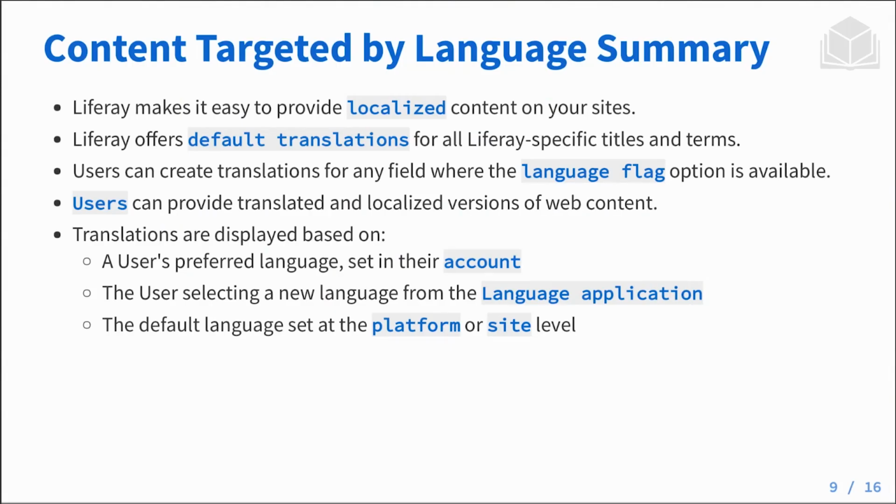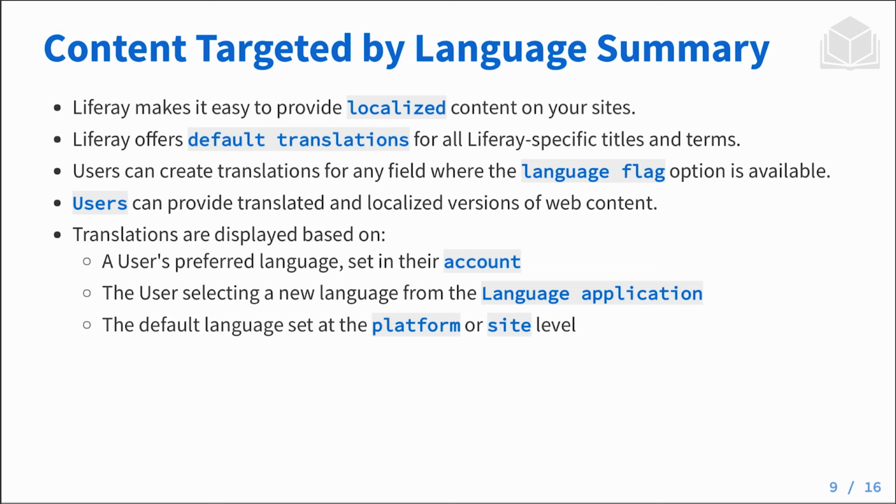All right, let's go ahead and summarize this. Liferay provides a number of options you can use out of the box for providing localization and translations for your users. There are a number of default translations on the platform itself, and a number of default languages that you can expect to make available on the platform as well.